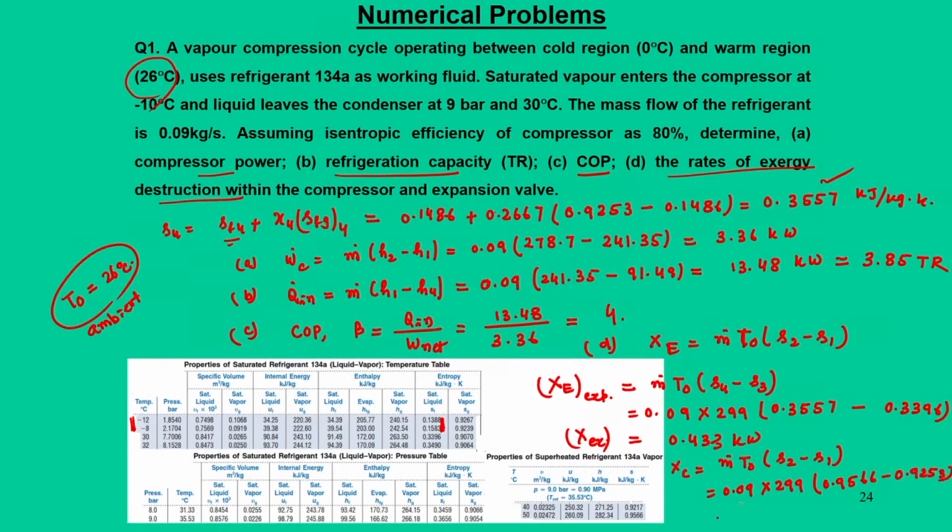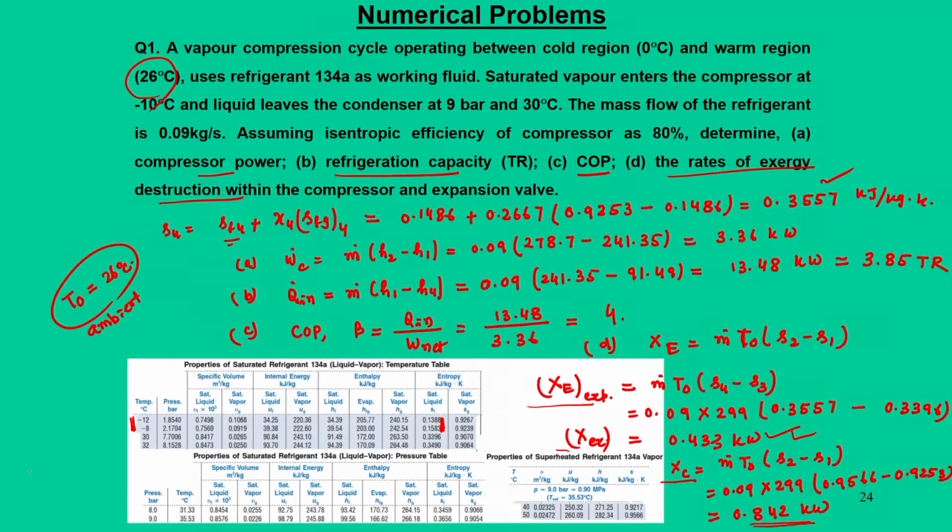So, this value is 0.842 kilowatt. So, exergy destruction in the expansion valve is 0.433 kilowatt, and exergy destruction in the compressor is 0.842 kilowatt.